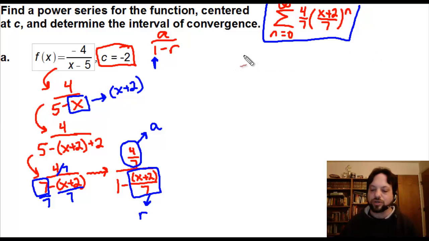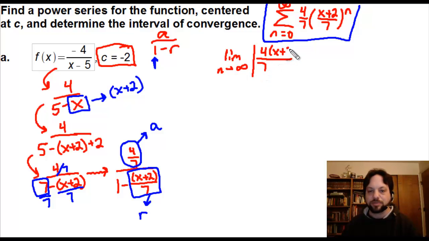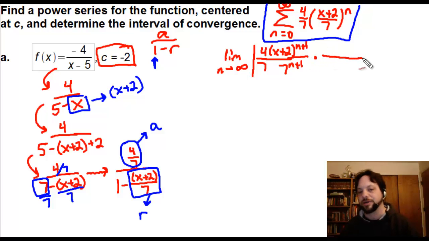If I do the ratio test here, I'm going to have the limit as n approaches infinity of my next term, which is going to be 4/7 times, on the numerator, (x plus 2) to the n plus 1 power, and in the denominator, 7 to the n plus 1 power. Of course, you could put those 7s together and call it 7 to the n plus 2, if you like, although it's not completely necessary.